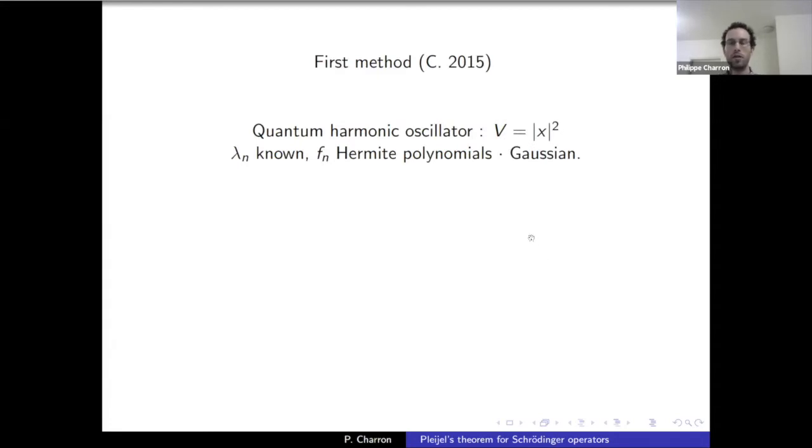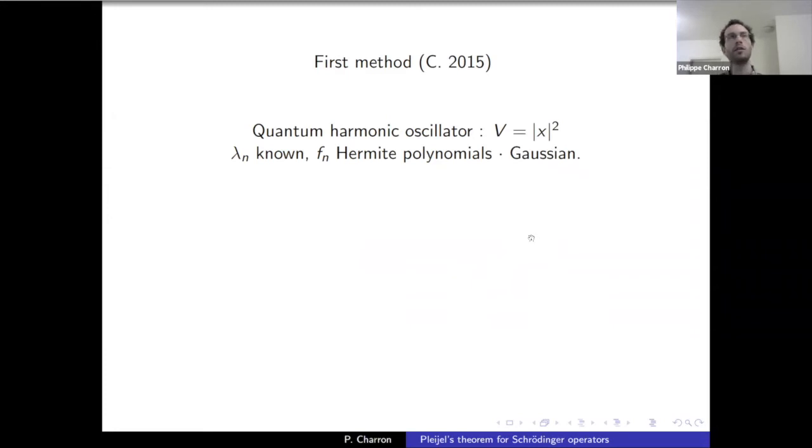Now, the first method that was developed to tackle these two ideas was from my master's thesis in 2015, and was basically restricted to the study of the quantum harmonic oscillator, which has a few advantages. The first one is that the spectrum is explicit, and the eigenfunctions are also explicitly known.